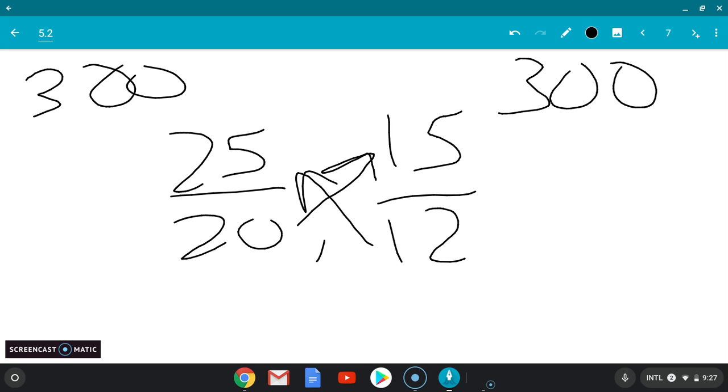So my shortcut method tells me they are proportional. Now let's think about this. We could simplify it. 25 and 20 are both divisible by 5. All right, so 25 divided by 5 would be 5. 20 divided by 5 would be 4.